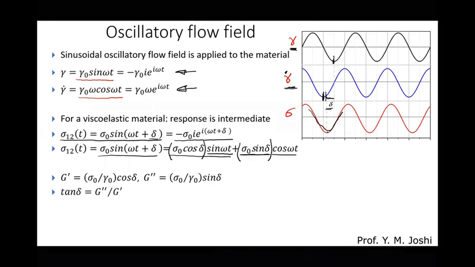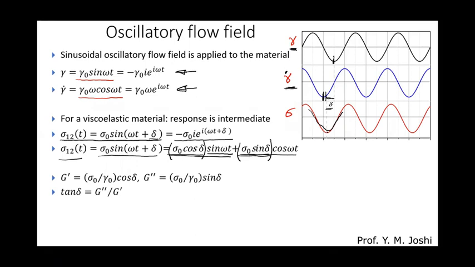But still this is stress. So this is one part of the magnitude of stress, this is another part of the magnitude of stress, and if we actually represent a modulus by stress divided by magnitude of strain, we now have two different types of stresses. One part is that stress which is in phase with strain. Other part is that stress which is out of phase with strain.